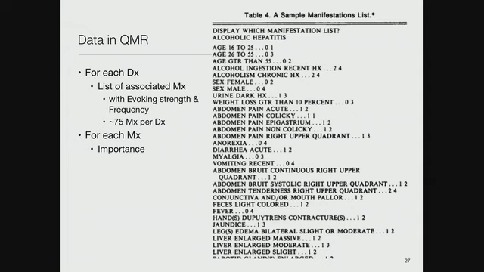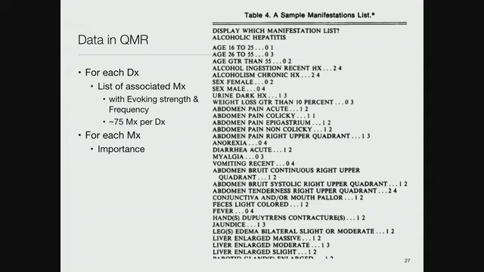For example, what this says is that if you're anorexic, that should not make you think about alcoholic hepatitis as the disease, but you should expect that if somebody has alcoholic hepatitis, they're very likely to have anorexia. So that's the frequency number. This is the evoking strength number, and you see that there's a variety of those.